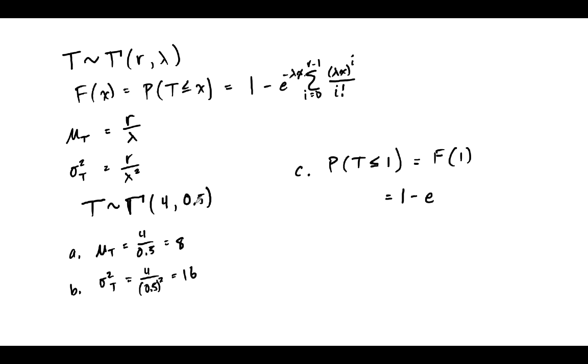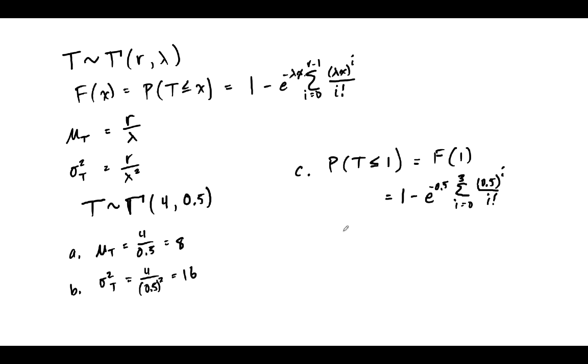So lambda times x, well, x is just 1, so it's just negative 0.5, and the summation starts at i equals 0 and goes up to r minus 1. r is 4, so 4 minus 1 is 3, and then we can fill in our value for lambda x, which is 0.5. This is still iterating through these.